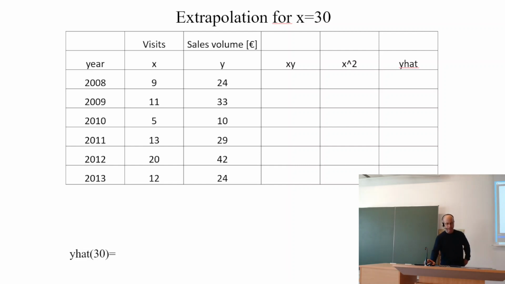Okay, and now we want to extrapolate this for x is 30. What do I have to do then? So now I want to make somehow my forecast.